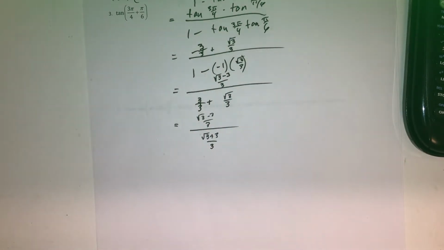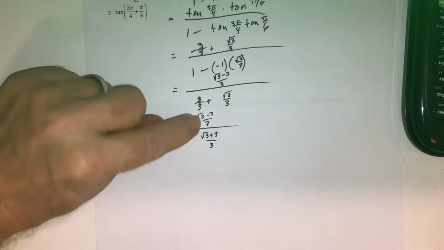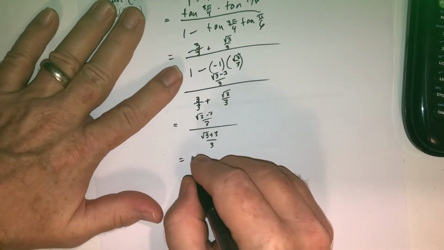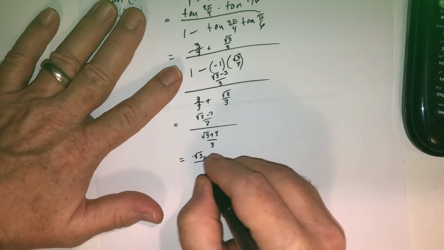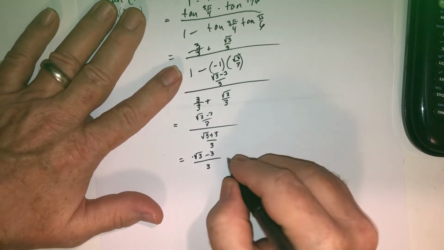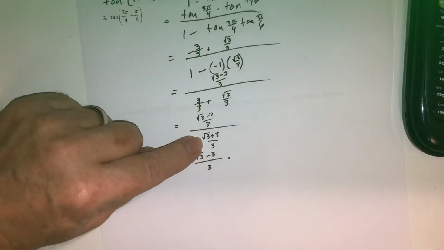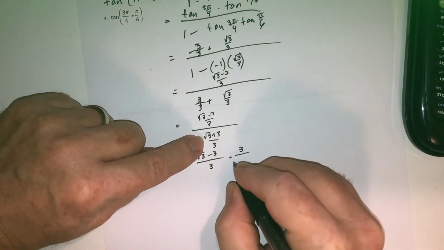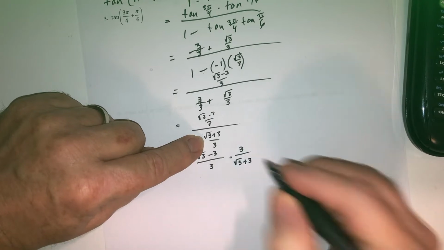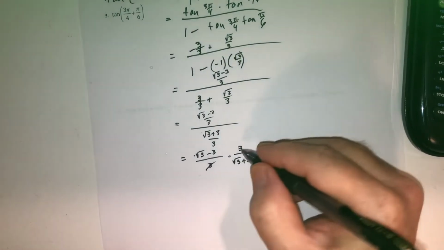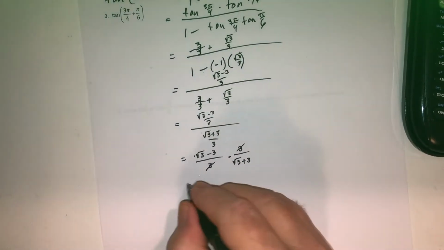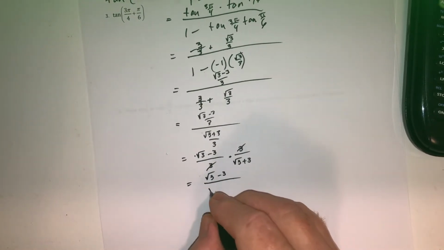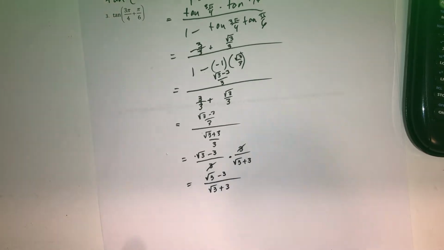Now I've got a complex fraction, one fraction divided by another fraction, and that means I'm going to take the fraction from the numerator, which is the square root of 3 minus 3 over 3, and multiply it times the reciprocal of the fraction in the denominator, which is 3 over the square root of 3 plus 3. Now, this 3 and this 3 will cancel, which would give you the square root of 3 minus 3 divided by the square root of 3 plus 3.